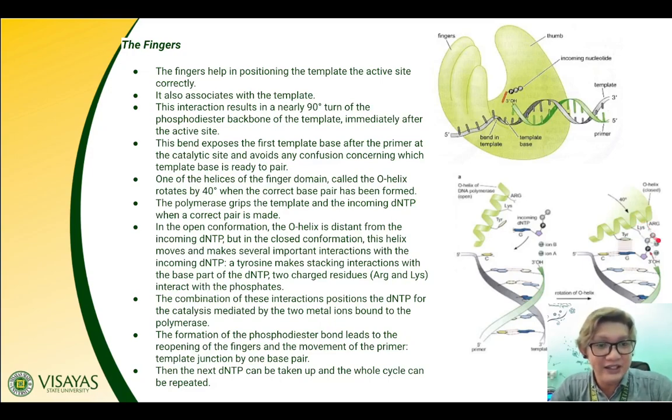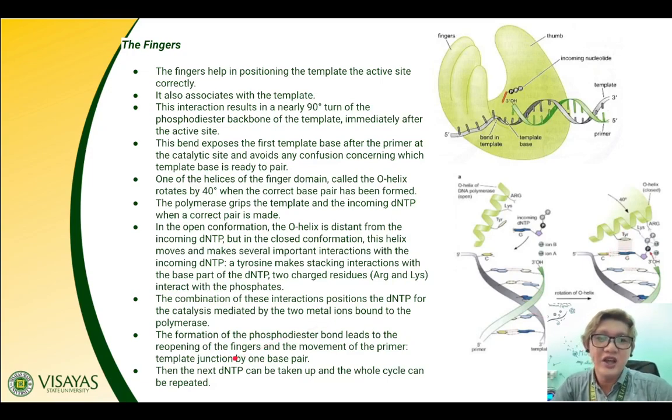A tyrosine residue here makes stacking interactions with the base of the dNTP, and the two charged residues, the arginine and the lysine, will interact with the phosphate. So the combination of these interactions, together with the interactions we discussed previously in the palm domain, positions the dNTP for the catalysis that is mediated by the metal ions bound to the polymerase.